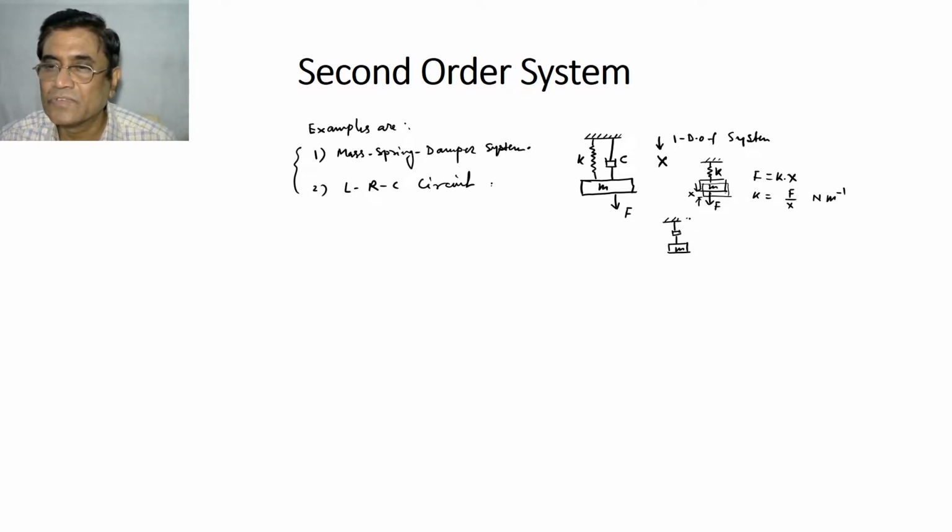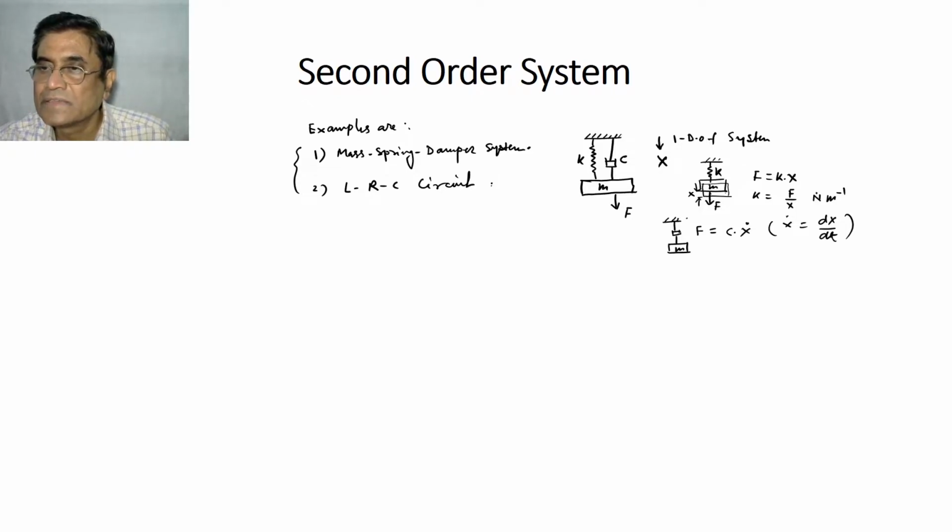The resistance is actually proportional to the velocity. Here it was proportional to the displacement, and here it is proportional to dx/dt, sorry, velocity. So x dot is actually dx/dt.